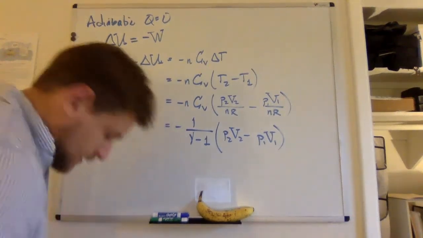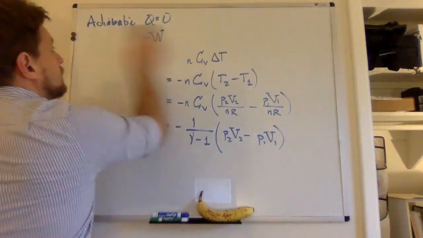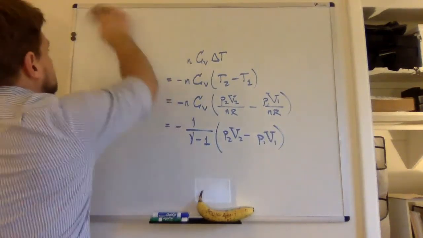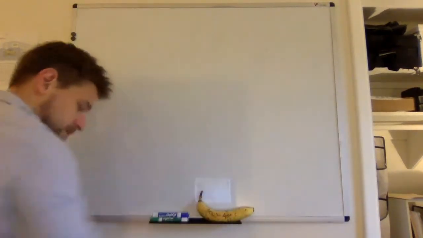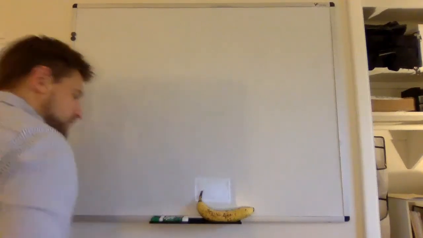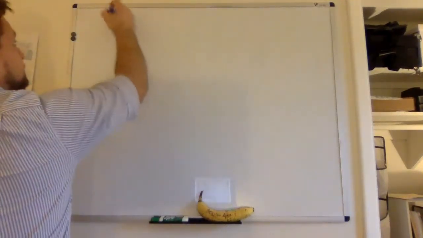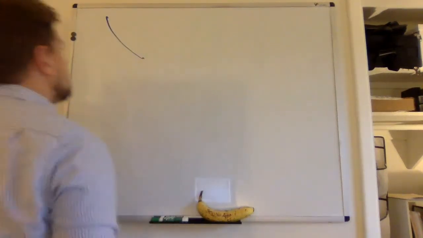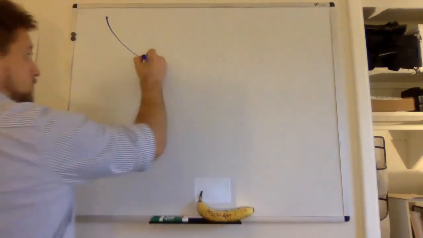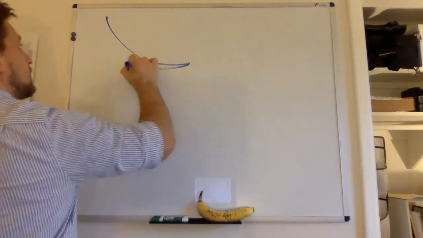Okay, so now that we know the behavior during an adiabatic process, we've got from one point to another point, and then there, and then back, and then up.